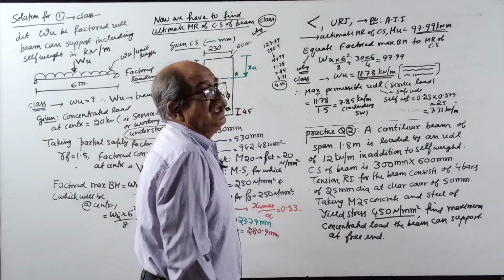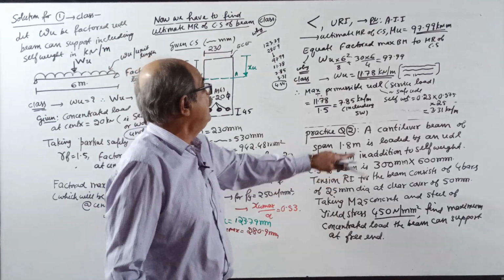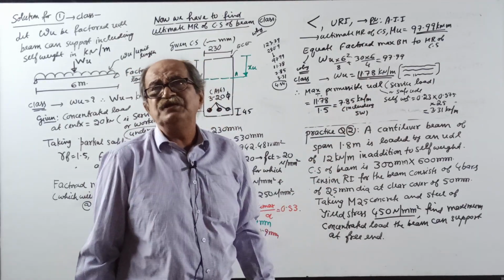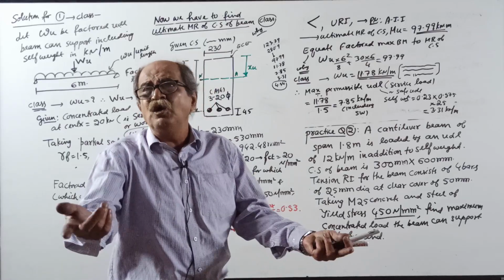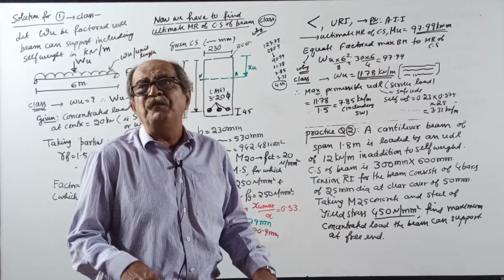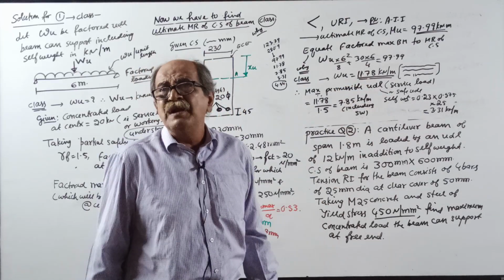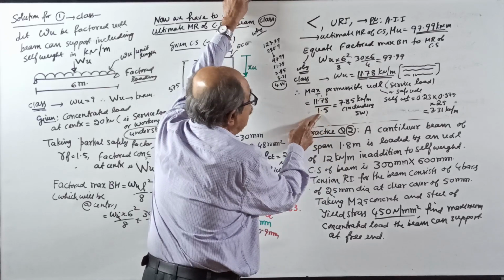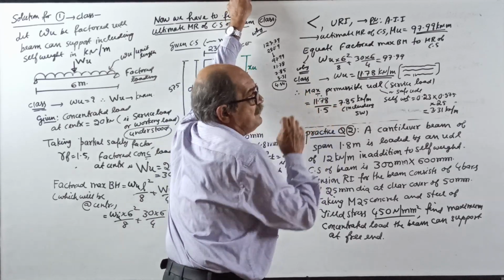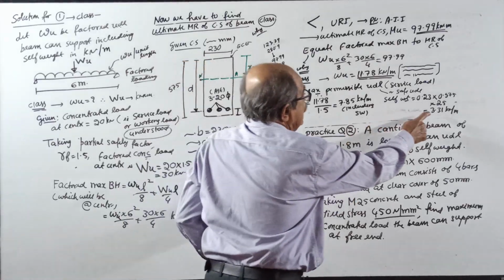So now see here, the factored UDL, or you can call it failure UDL, is actually not failure, it is called collapse, 11.78. Again, go to the last class. You do not want your building or beam to collapse. So if the beam fails at 11.78, safely you can apply 11.78 by 1.5, 7.85, including self-weight. So the self-weight of the beam is 3.31.